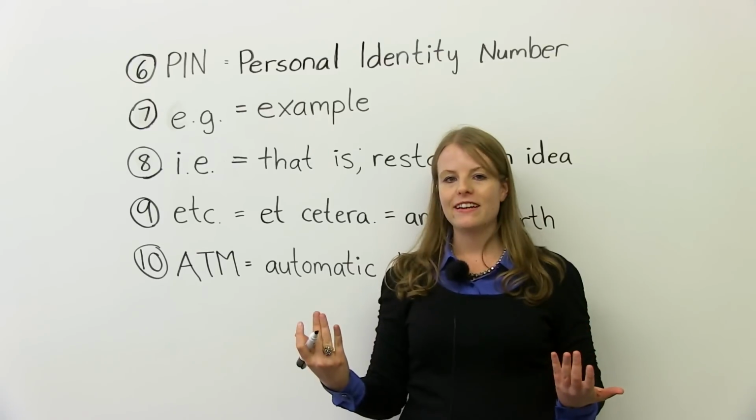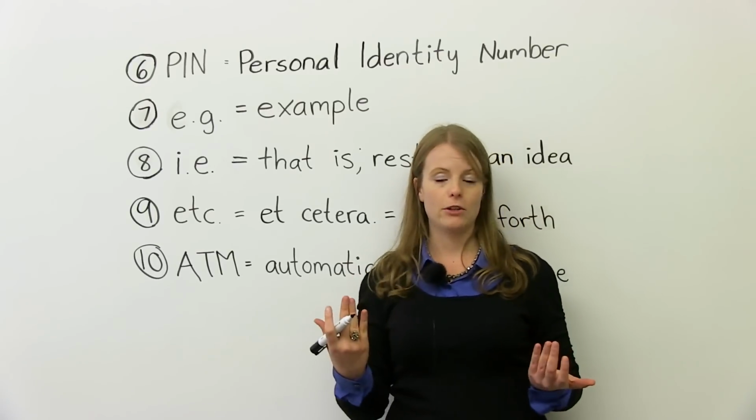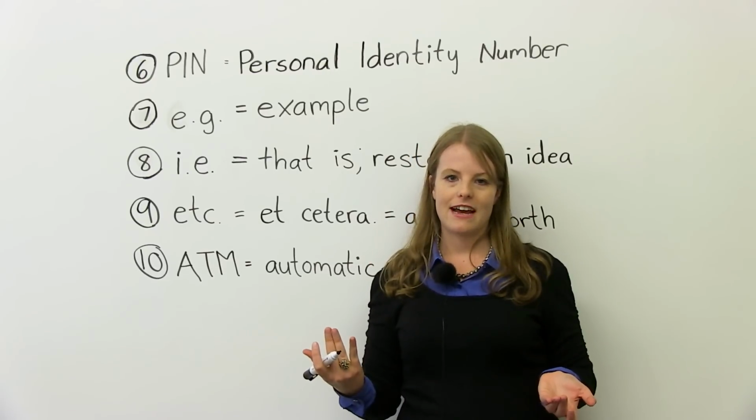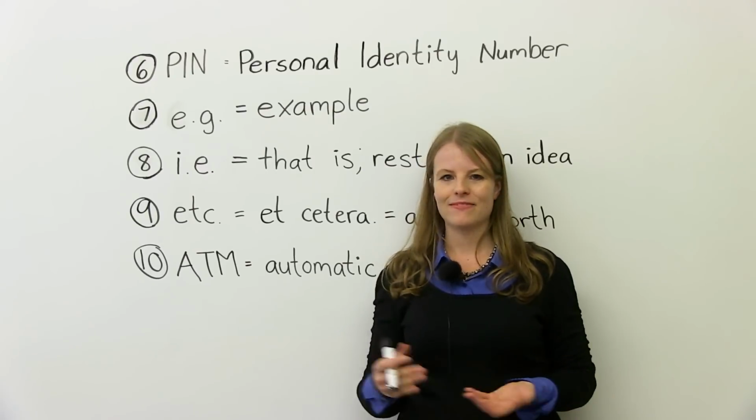Now, the way you use it is if you're talking about something, for example, I want to tell you about all the animals that lay eggs. Okay, so animals that lay eggs.